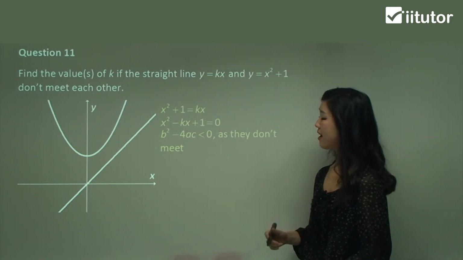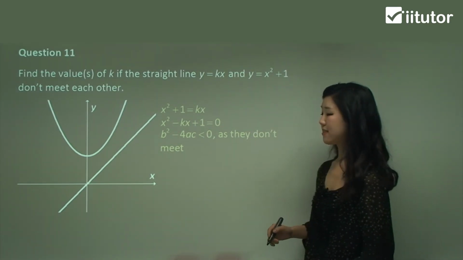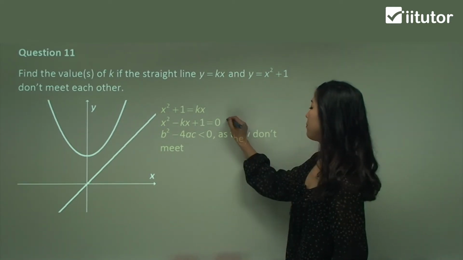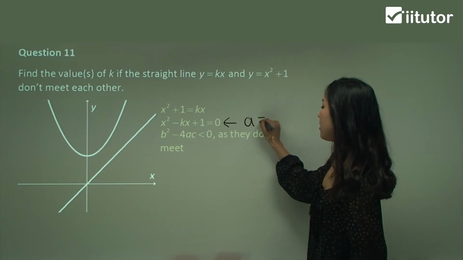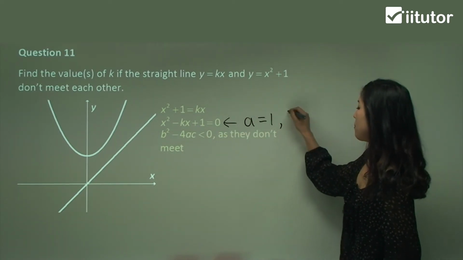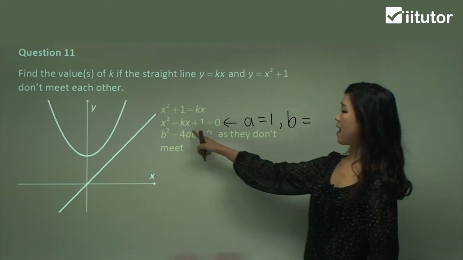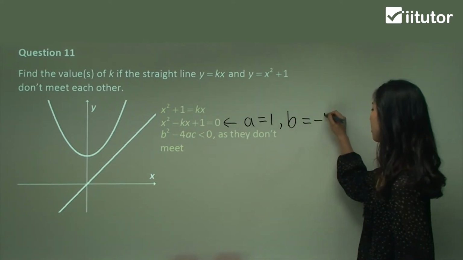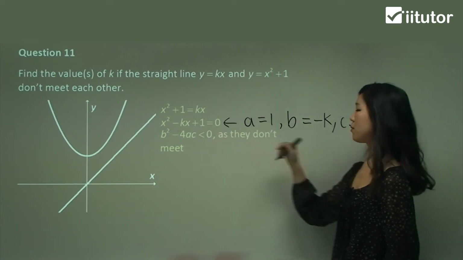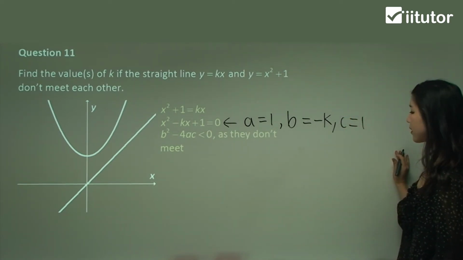Okay, alright, now that we've got that, let's consider A, B and C, so we can just sub it in. So here, A is simply the coefficient of x squared, which is 1. B is the coefficient of x, which is negative k. And C is the constant number here, which is just 1. Okay, do you see that?